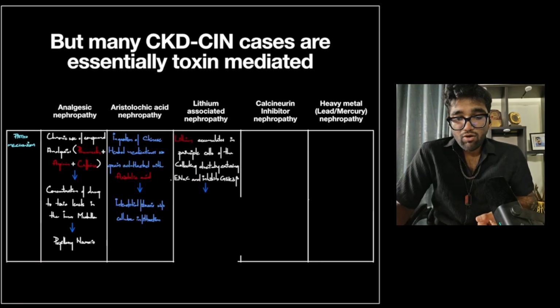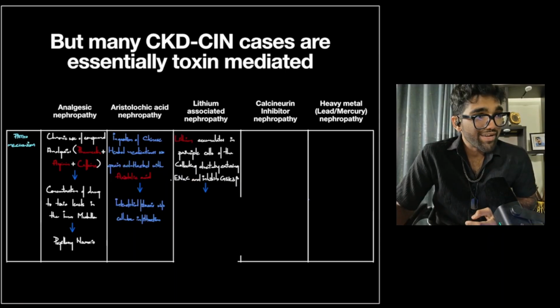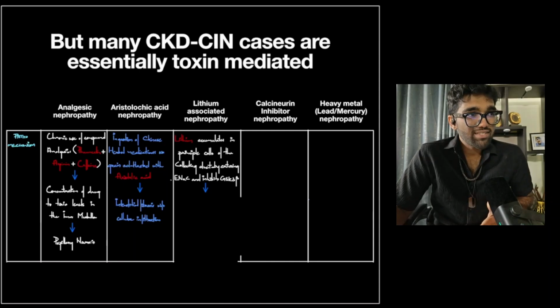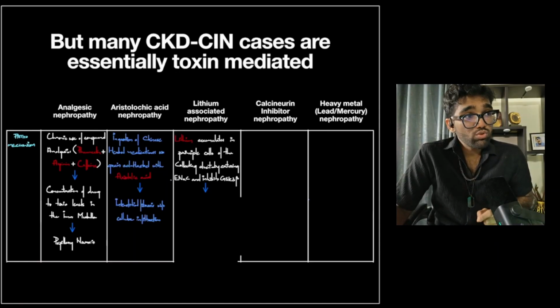Okay. Now, lithium is a rather interesting element. It is obviously in the same column as sodium in the periodic table, so it is structurally similar and accumulates within the principal cells of the collecting tubule, entering through the epithelial sodium channels, or the ENaC channels. And then once intracellular, it does its own thing and inhibits an enzyme known as GSK 3 beta.